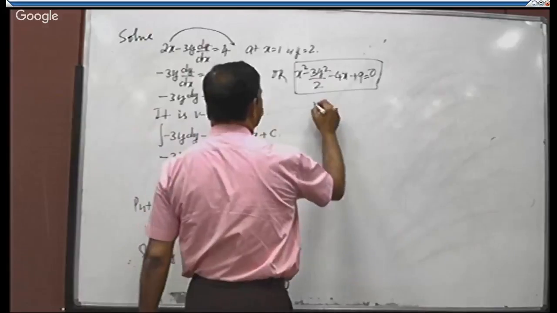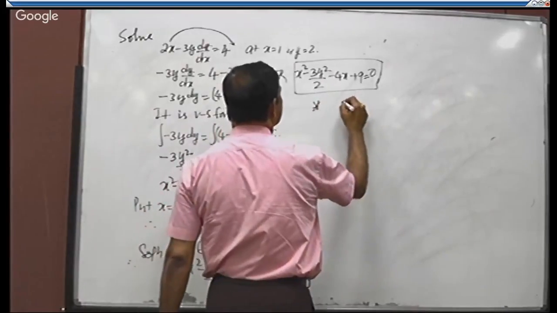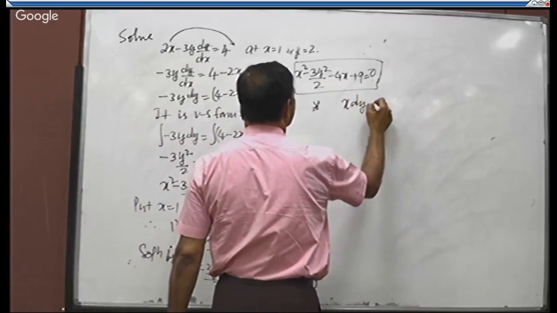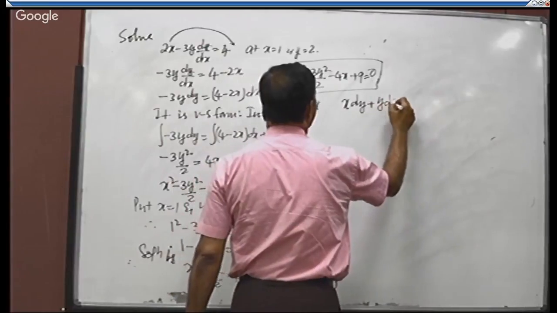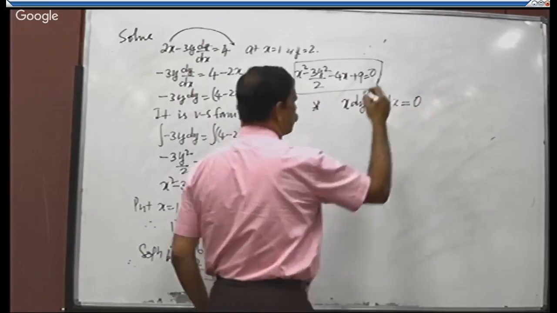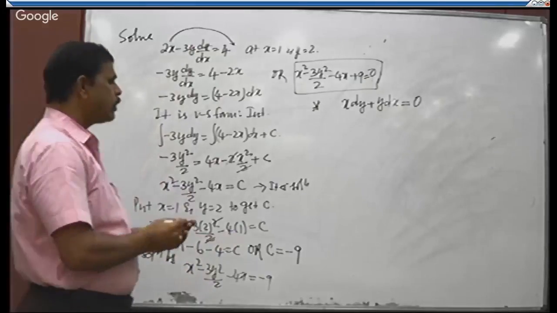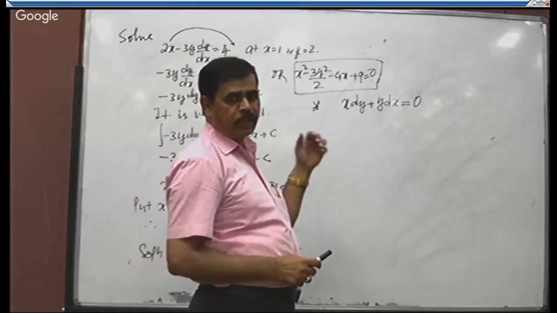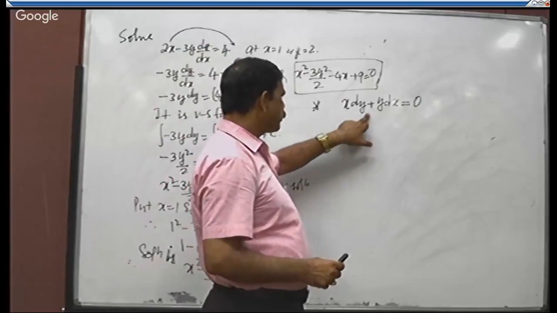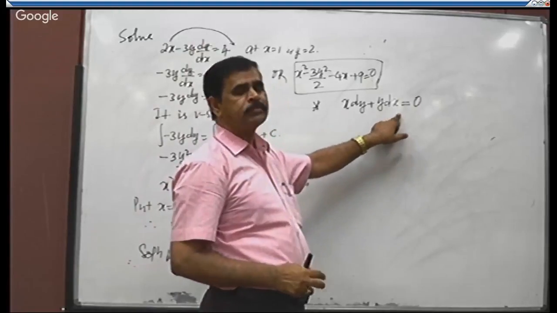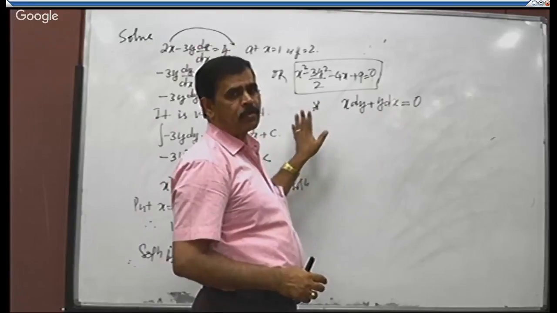Next, let us take some other examples. X into dy plus y into dx is equal to 0. We have taken another simple example, x into dy plus y into dx. See, this differential equation is not in the normal case.